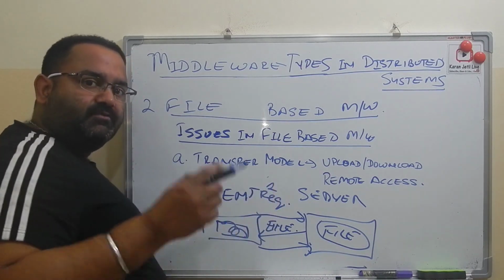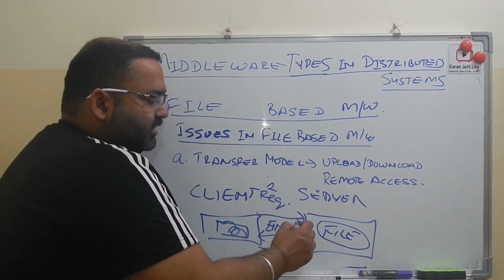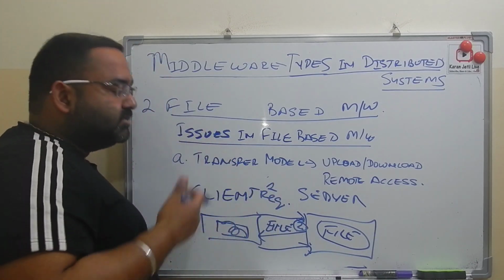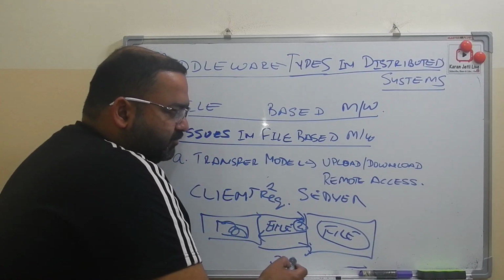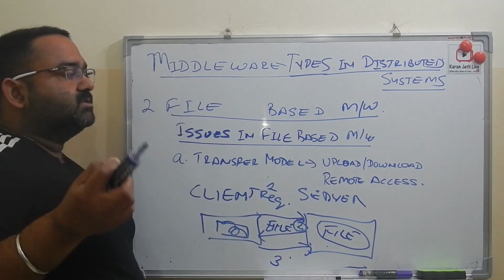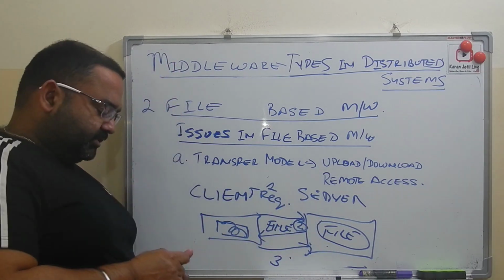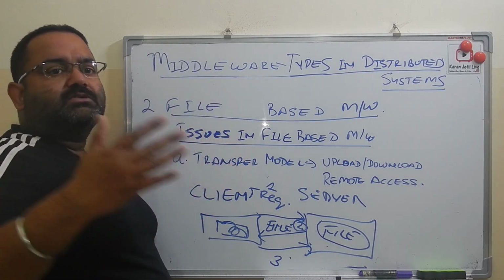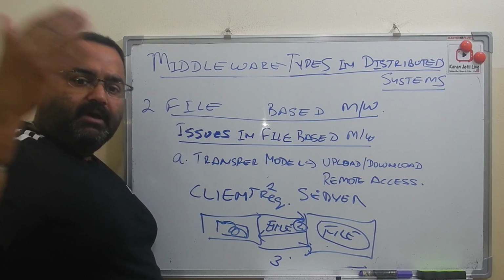So here, the client requests for the file. The server replies to the client with the file. The client downloads the file, makes the changes to the file, and again uploads the file back to the server. We call it the upload download model. In this, the client sends a request, and the server replies by sending the file.